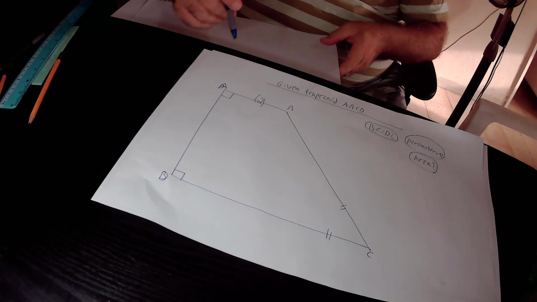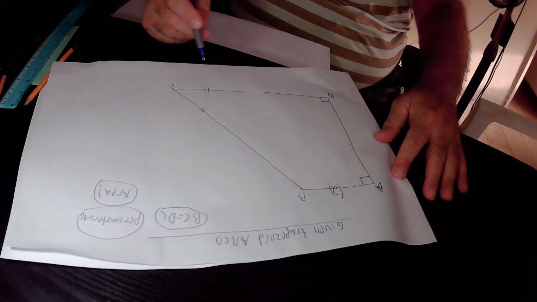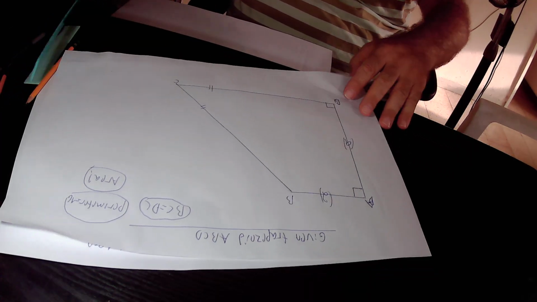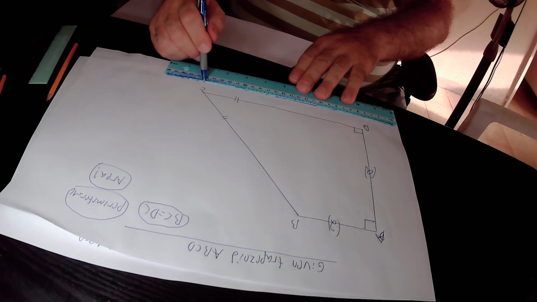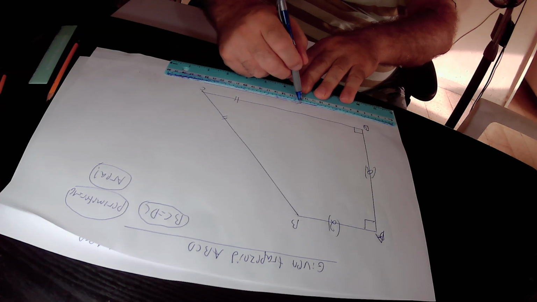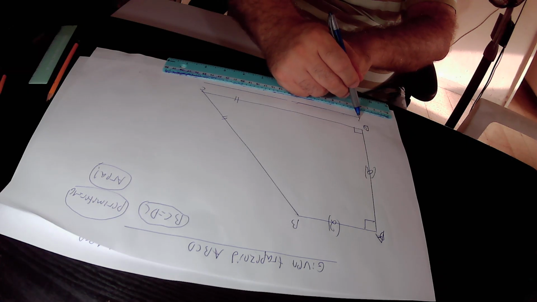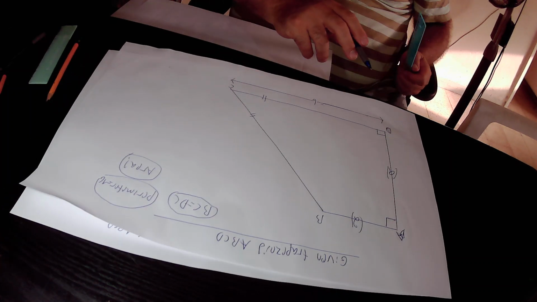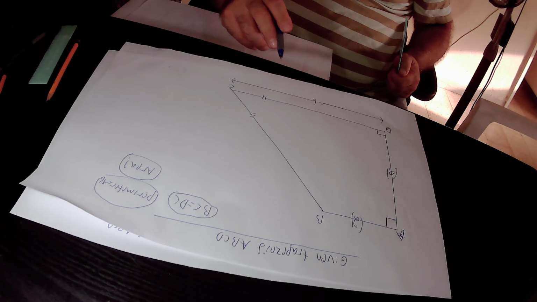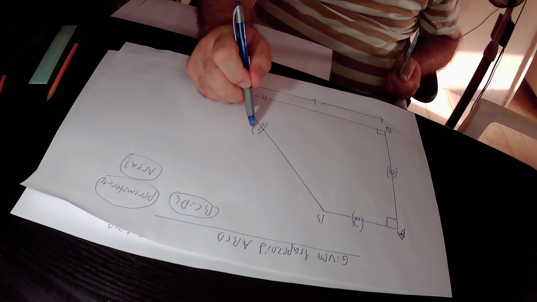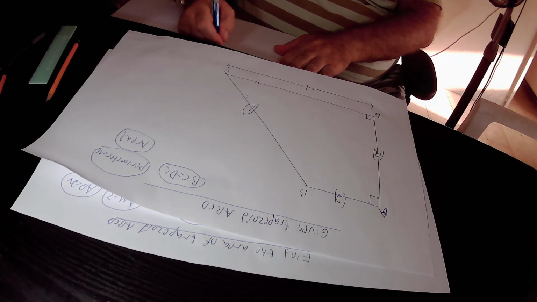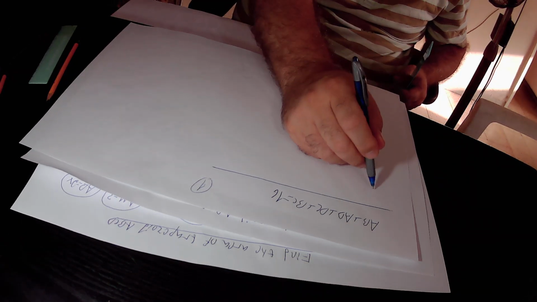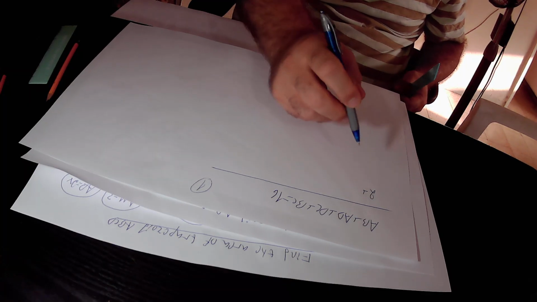We define the length of side AD as A. We define the length of side DC as B. And because DC equals BC and DC equals B, therefore BC must also equal B. AB is 2, therefore we substitute AB by 2 plus AD.